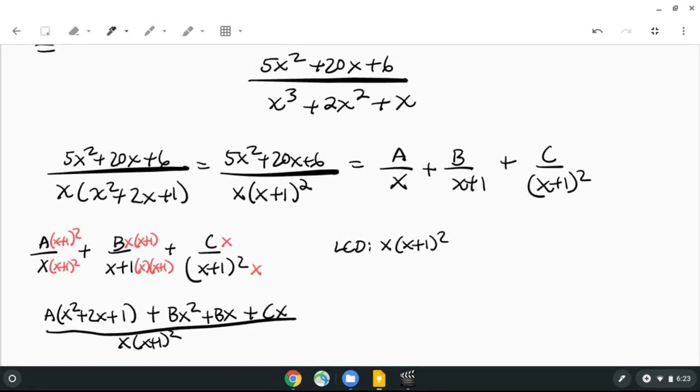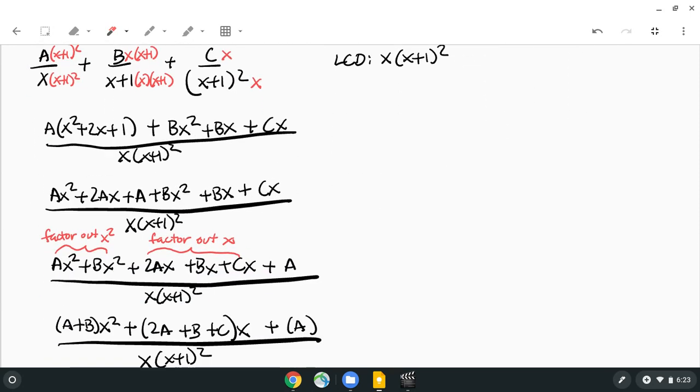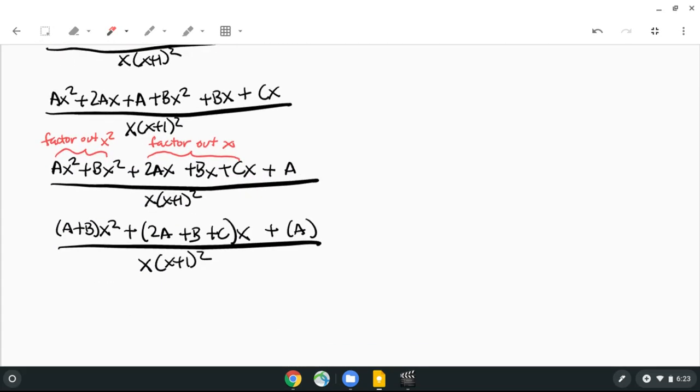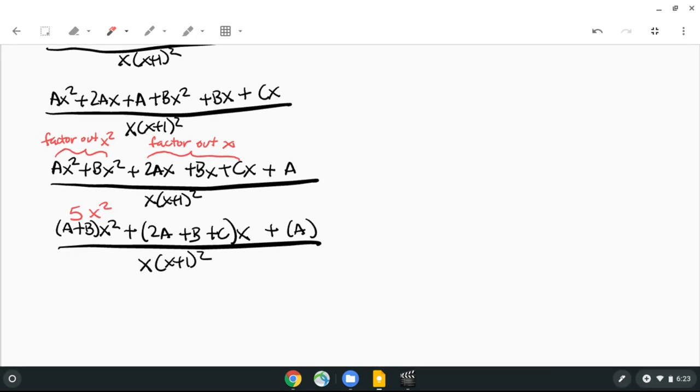So the coefficient for x squared needs to be 5, the coefficient for x needs to be 20, and the constant needs to be 6. So 5, 20, and 6.